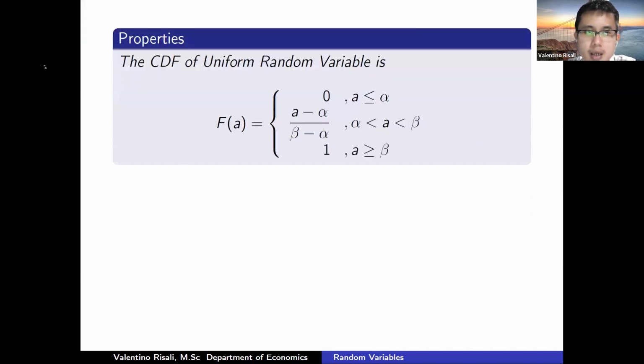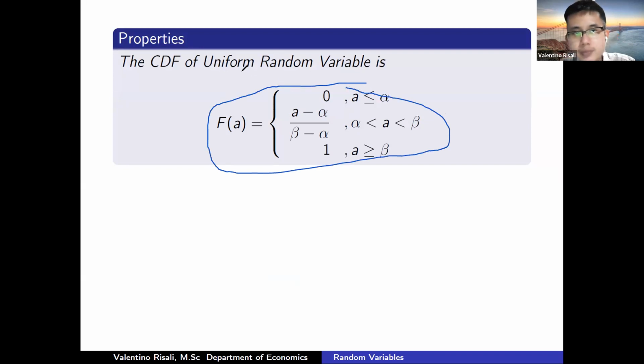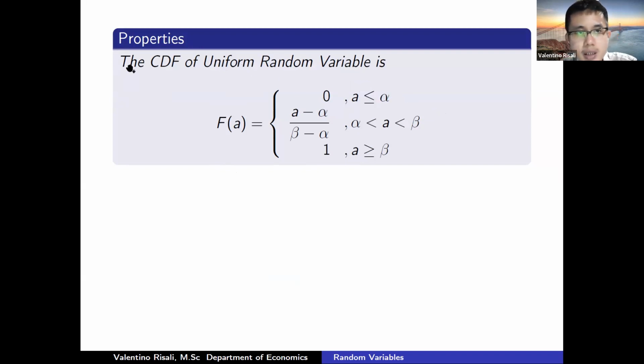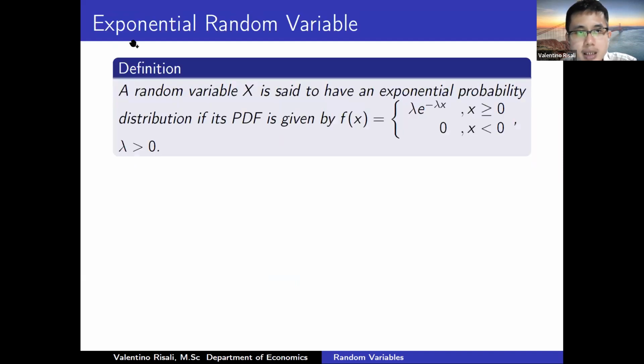And you can also check that the CDF of the uniform random variable is this. And then the second one is the exponential random variable, a random variable which has a PDF in this form.